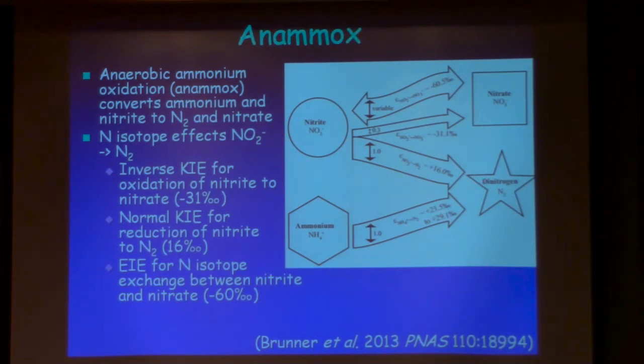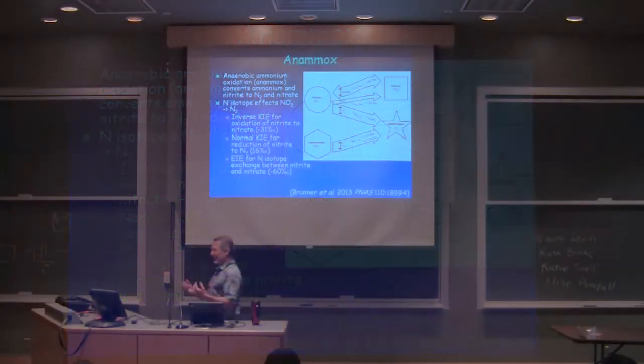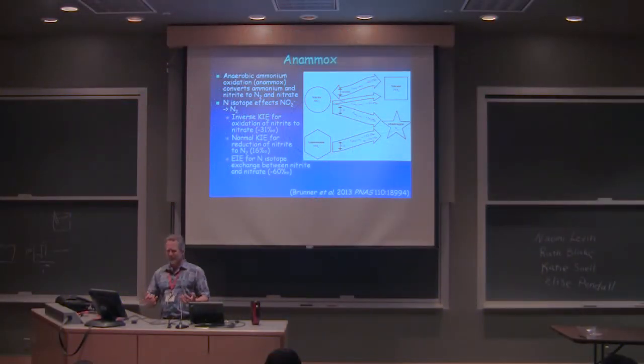In effect, the net process will result in an increase in the isotopic composition of nitrate, which is one of the main tracers we use to begin to gauge the importance of this reaction. With reactions like this in denitrification, it's very difficult to separate Anammox from denitrification, but the overall effect is very similar.